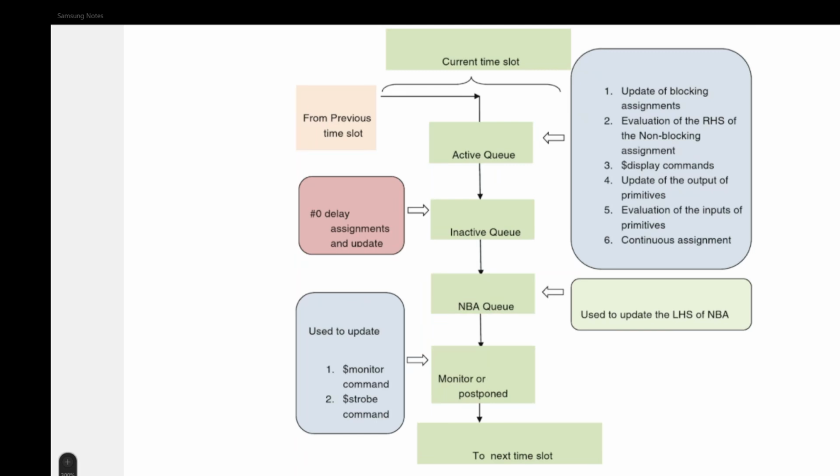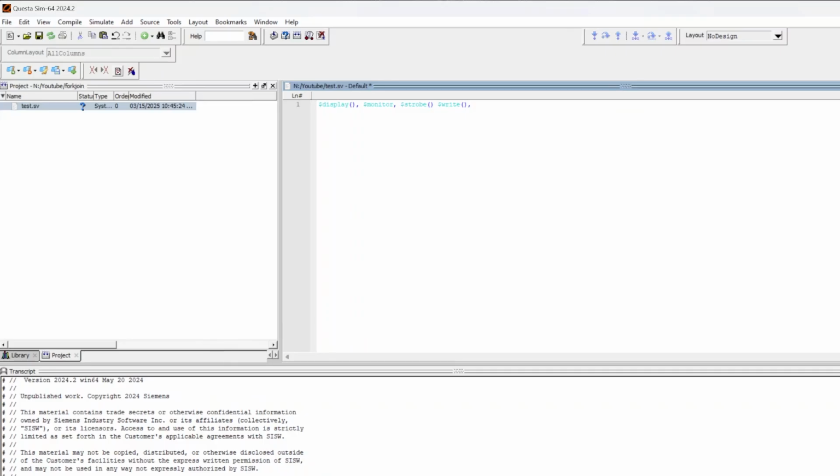So let's go back to QuestaSim. For our first example, I will write a very simple SystemVerilog module. I will declare two logic variables.